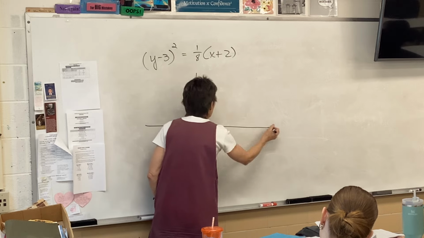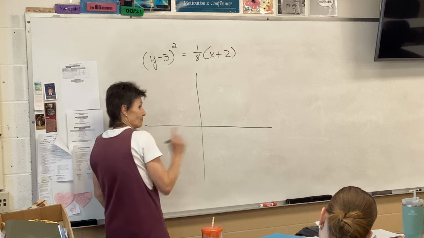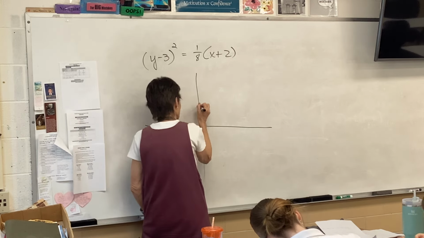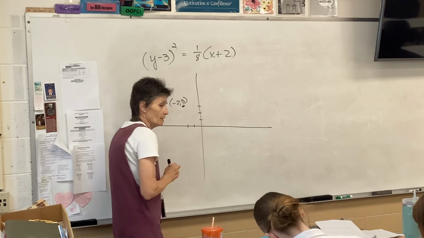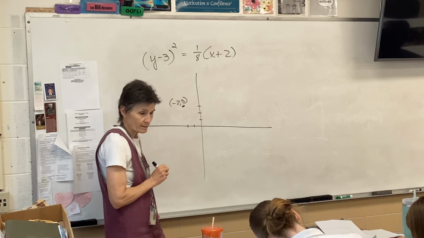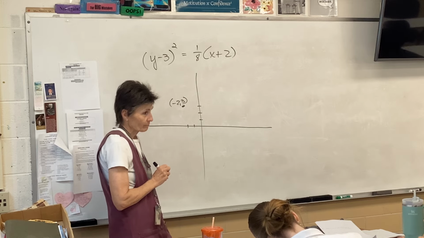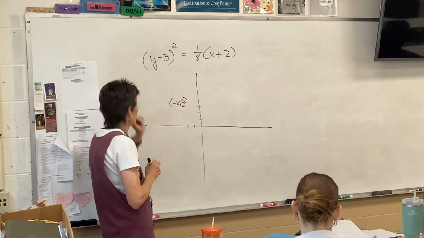Any idea? -2, 3. I love it. Thank you, McKenna. She did not fall into the trap. When you write down a point, isn't it always x comma y? Yeah. So no matter that the equation is backwards, it's -2, 3.